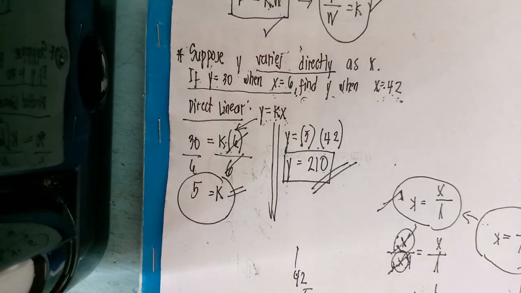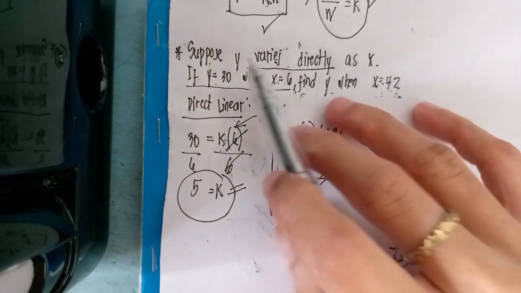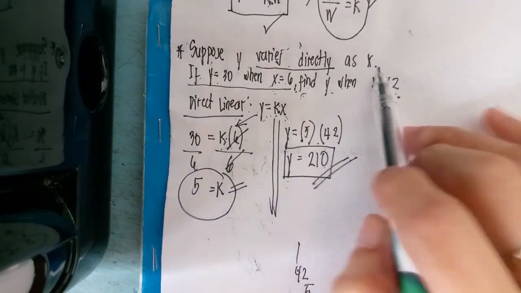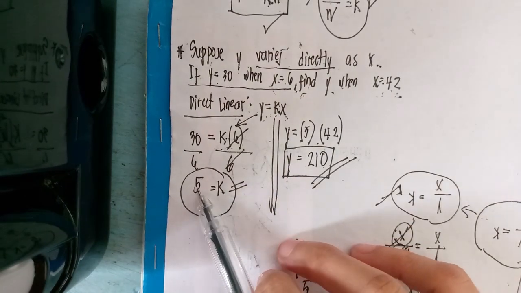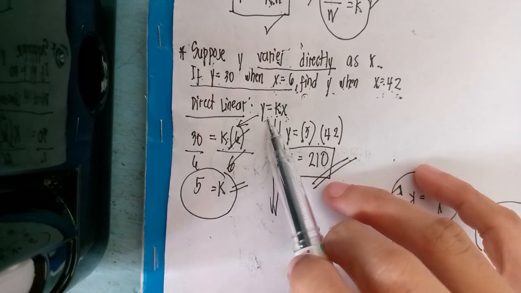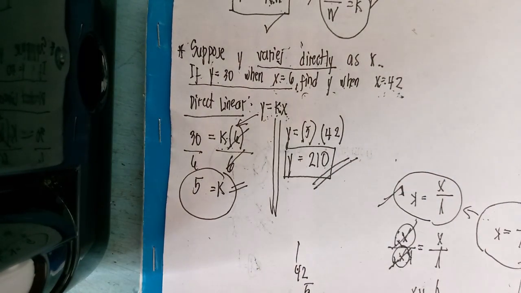So iyan ang pag-solve sa linear variation, since this problem is an example of a direct linear variation, from the words "varies directly." Okay, so to process, first, dapat mangita ka sa constant, and after that, use the same formula or equation nga imong gi-formulate to find what is being asked in the problem.